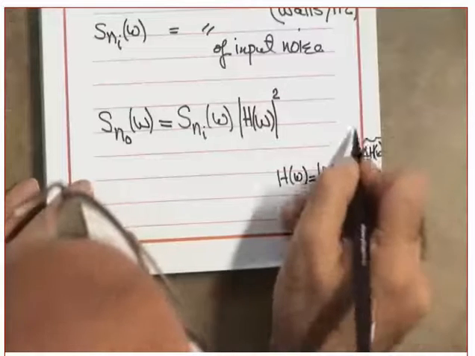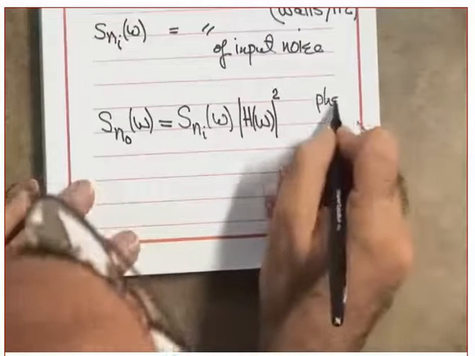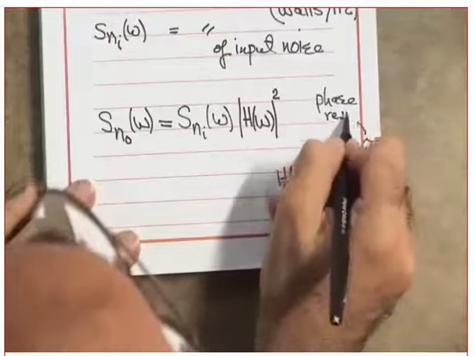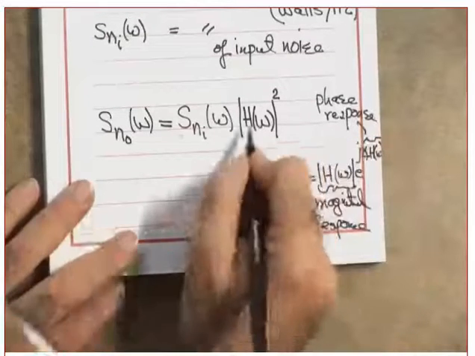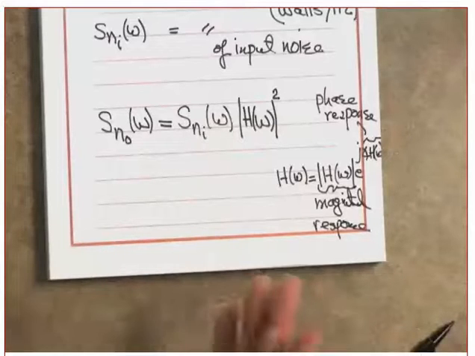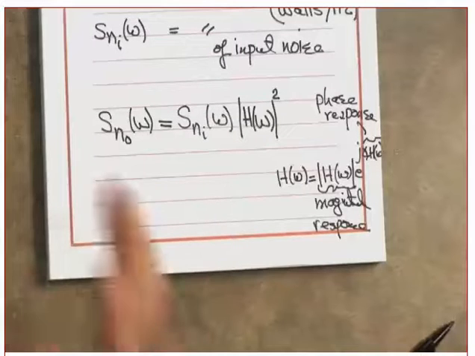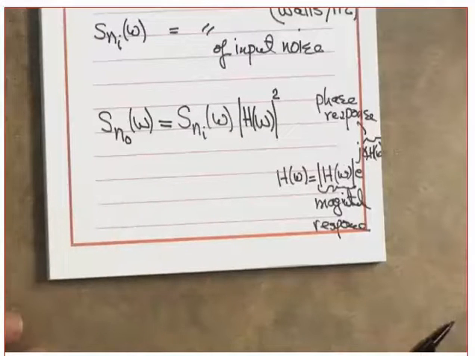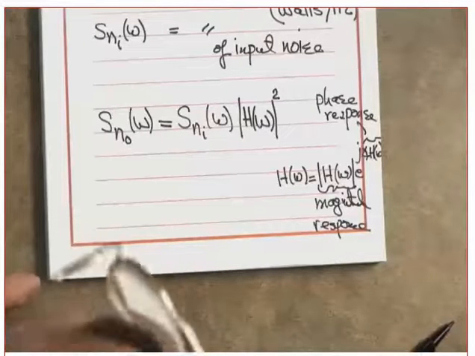This one we call the phase response. Do you see the phase response here? What does that tell you? It tells you that when you deal with power measurement, the phase response does not get into the picture. Only the magnitude response. Clear?